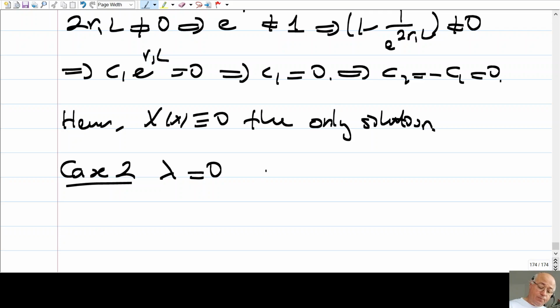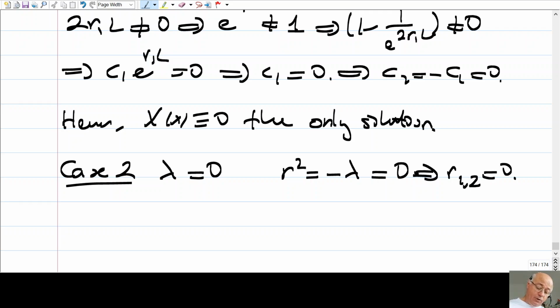Okay, so r squared is minus lambda, which is 0. Therefore, r1 and r2 are both 0. So what are the solutions? Y1 is just e to the power r1 x, which is just 1 because r1 is 0.